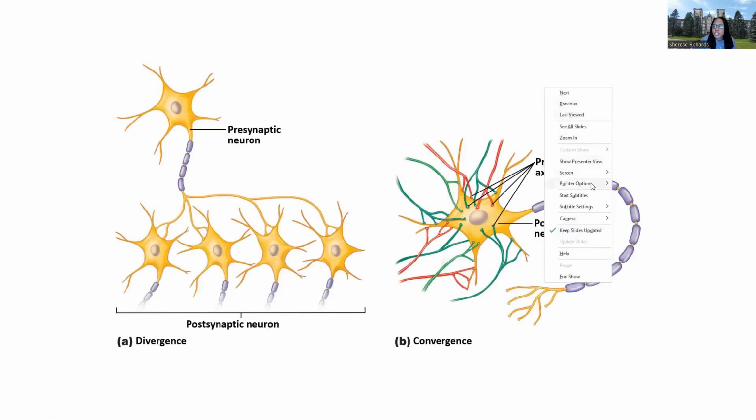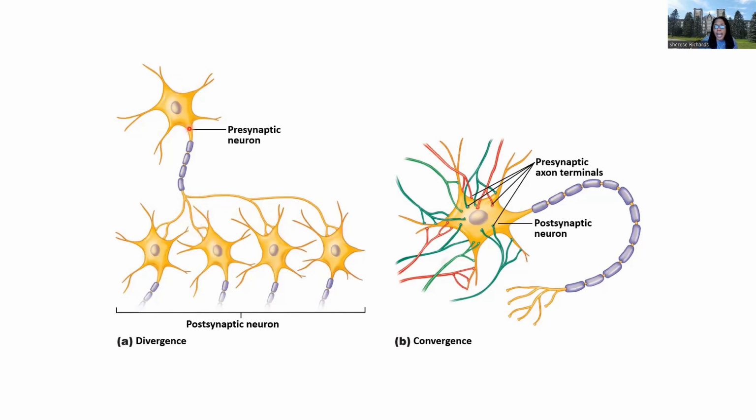Now, as far as divergence and convergence, this is just illustrating what that means. So we have a single neuron. Here's the axon of that neuron. Here are the axon terminals. So the axon sort of splits off, which is what that divergence means, into several different axon terminals or axon endings.